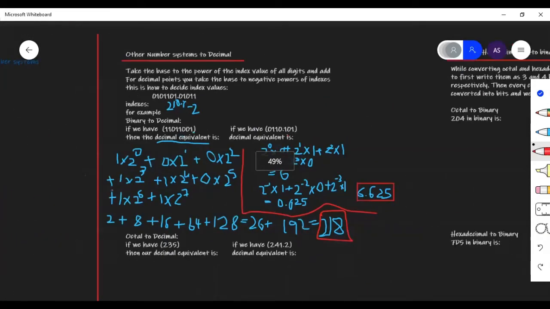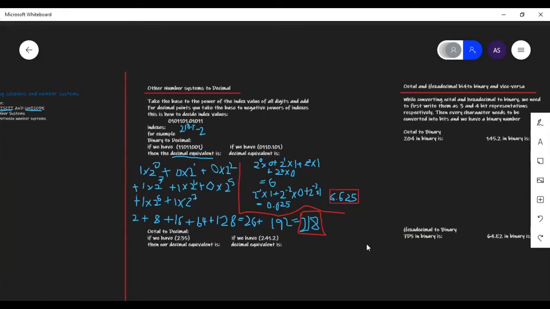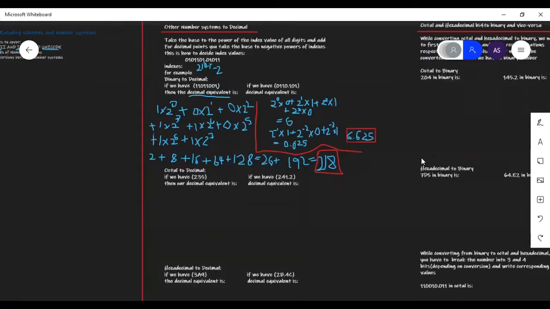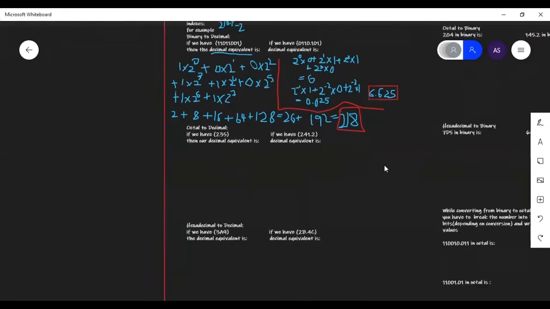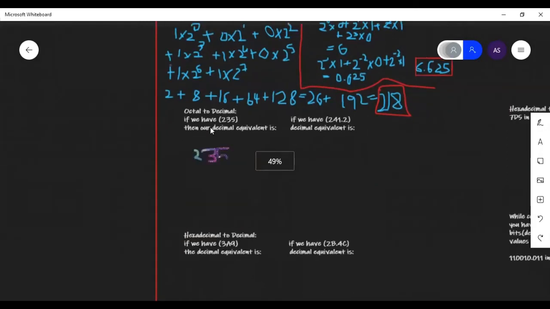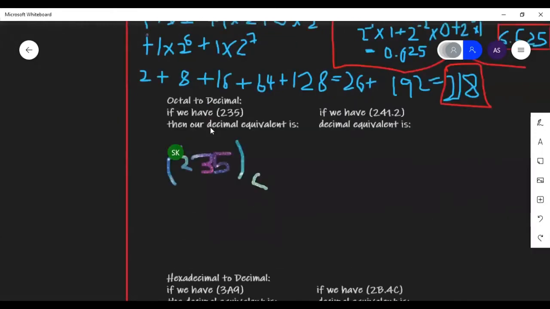We talked about it in the table before: binary was 2, so octal is 8. So let's start with 235 base 8, and we want to convert it to its decimal equivalent.